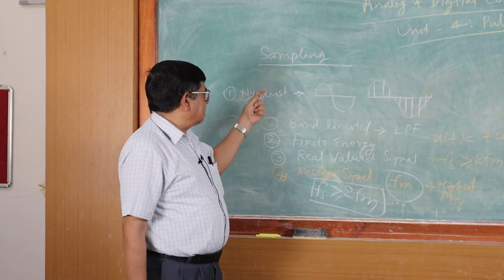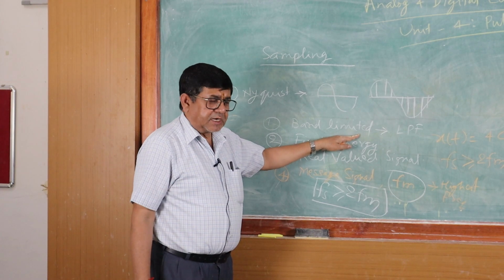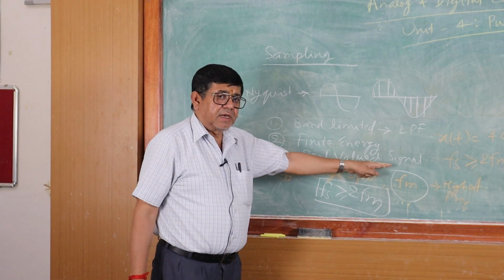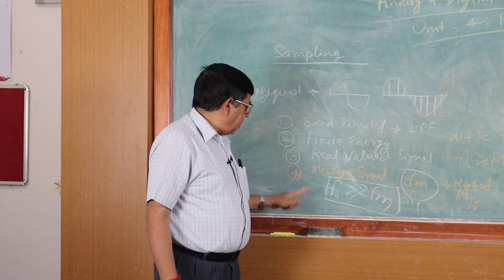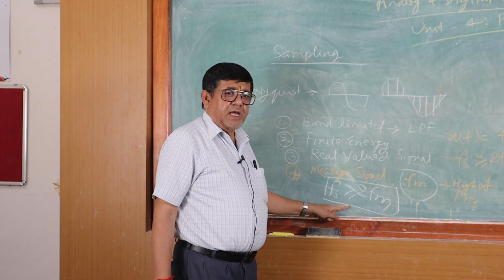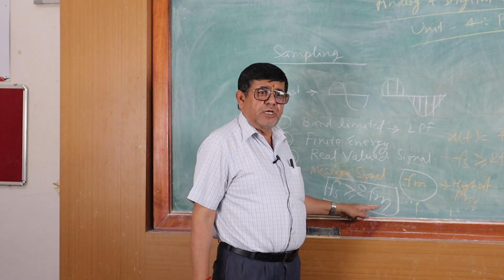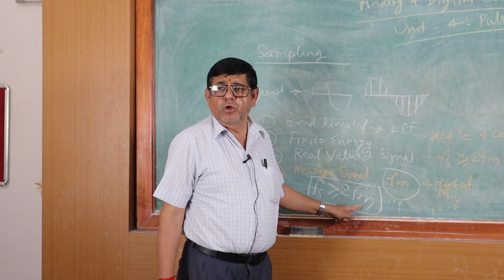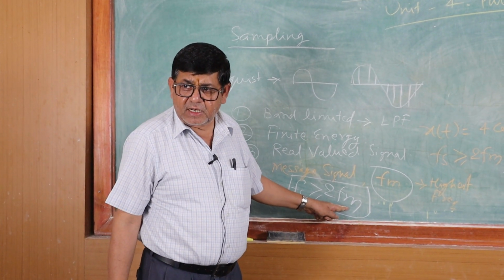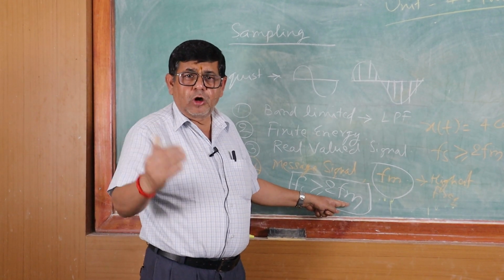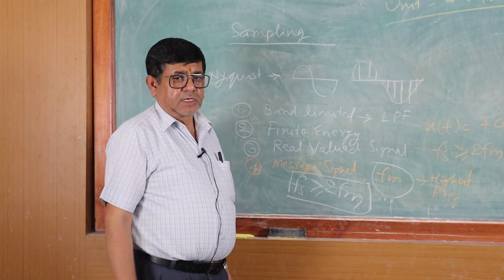What is this? For a band limited signal having finite energy, and the signal should be a real valued signal, then we can sample the signal at a rate greater than 2 into the maximum signal frequency available in the message, in order to recover the original signal.